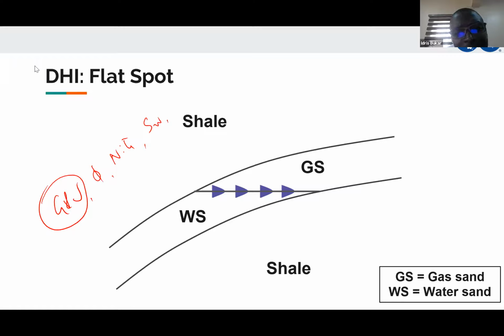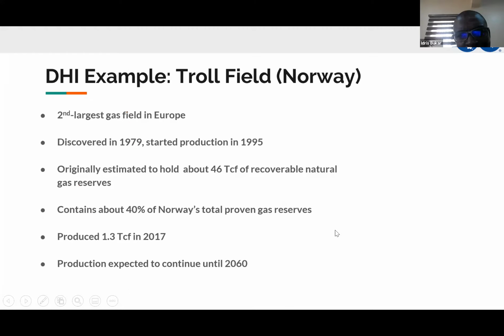Some tips on selecting locations for exploration and appraisal wells by simply looking at the seismic. Well, if you have a DHI expression like we have on the Troll field, then you basically just put, right?